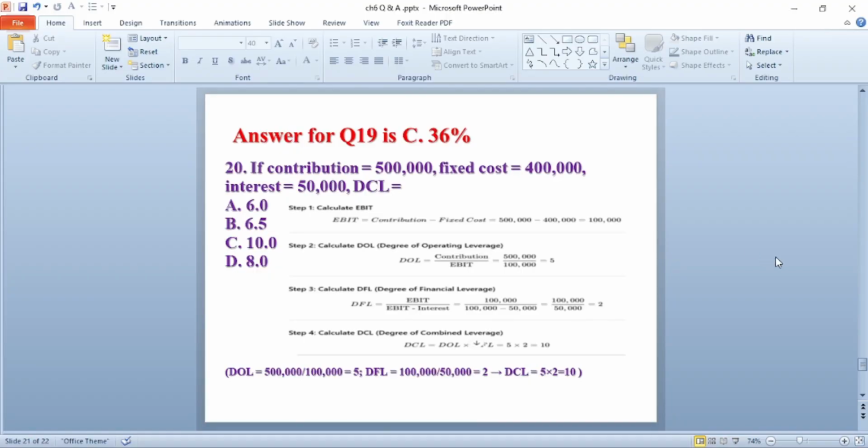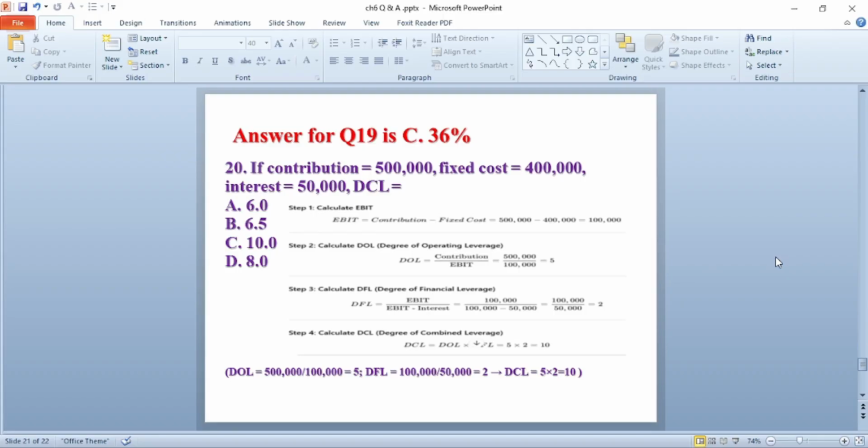Question number 20. If contribution is equal to 500,000, fixed cost is equal to 400,000, and the interest is 50,000, the degree of combined leverage is equal to dash. To calculate this, first we have to know earning before interest and tax.